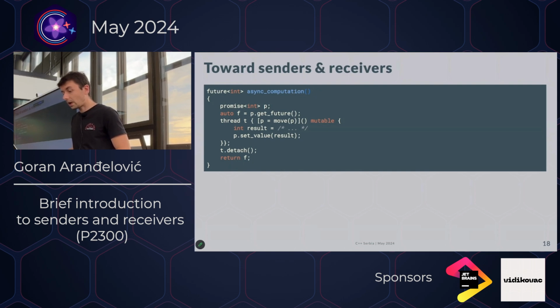So, why the mutable? Because you have to mutate the promise in this case. Otherwise, local variables, you won't be able to mutate them, because by default lambdas are const, and you will have a const this, and the promise will be a constant object.